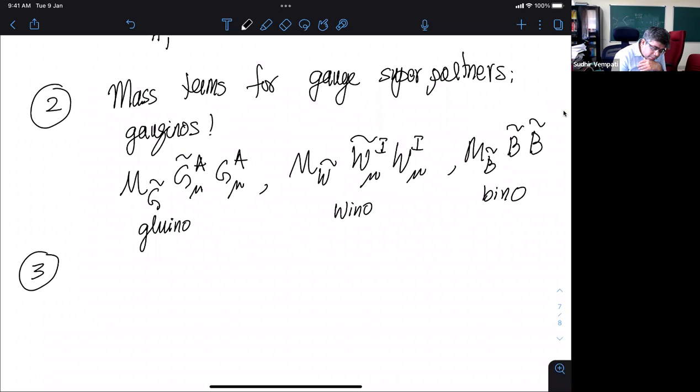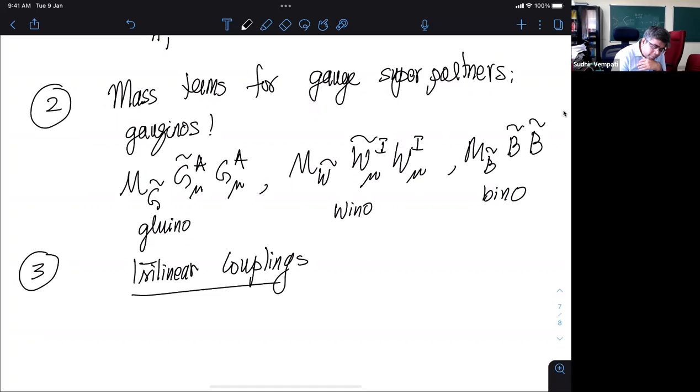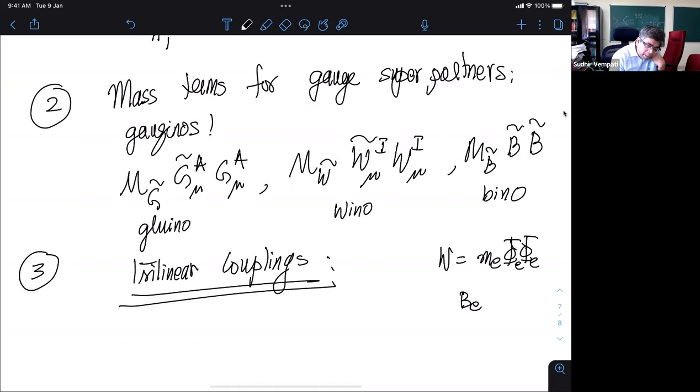The third ones are the trilinear couplings. So in the QED case, if you remember, we had only one term in the superpotential, m_e phi phi. So we wrote down one term, B_e scalar phi_E scalar phi_E, in the soft supersymmetry breaking terms.